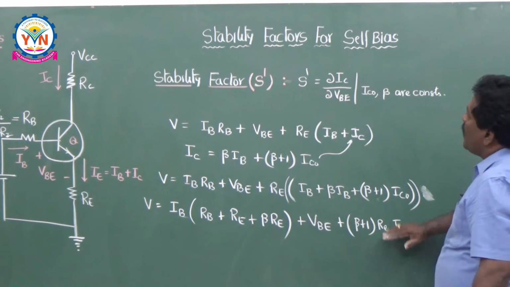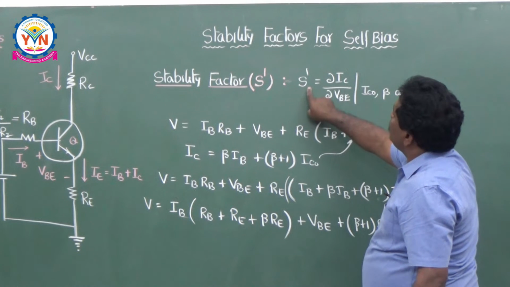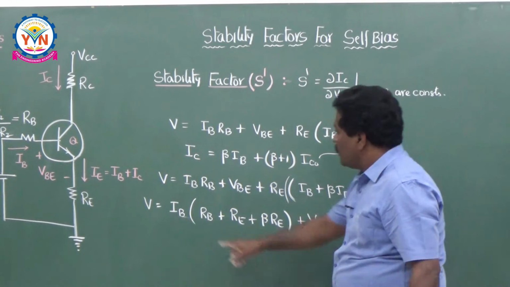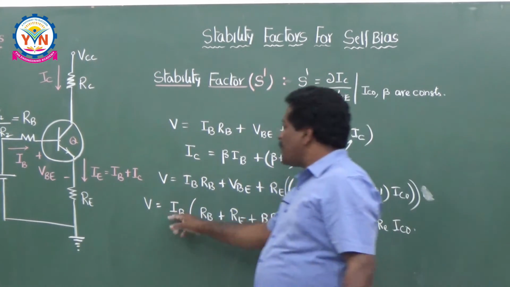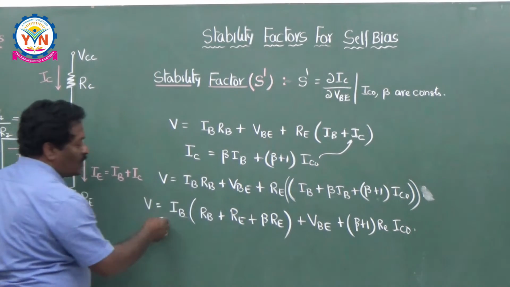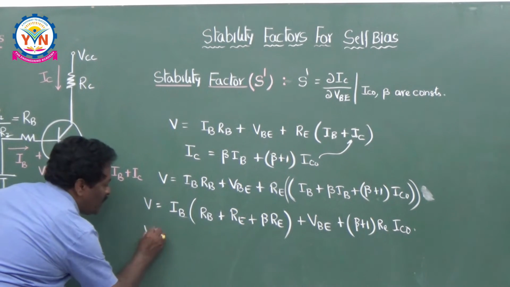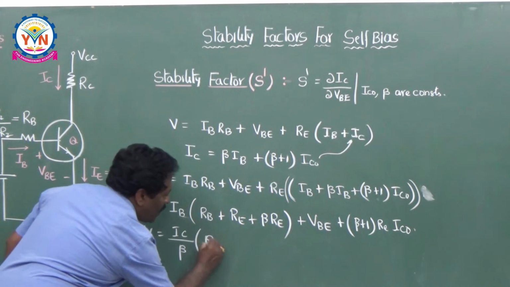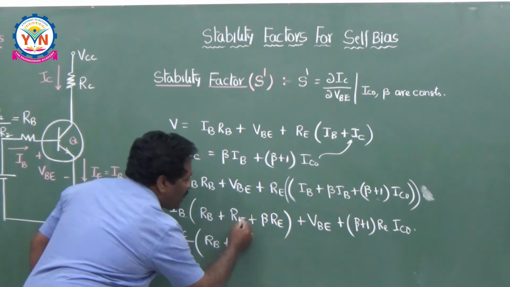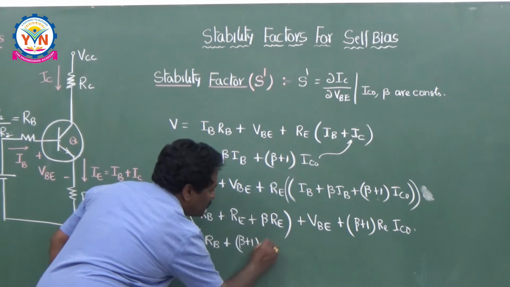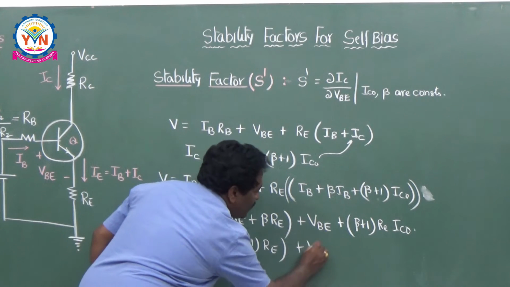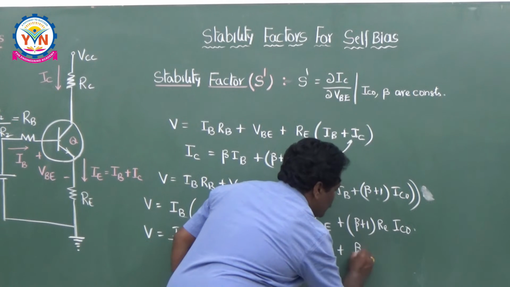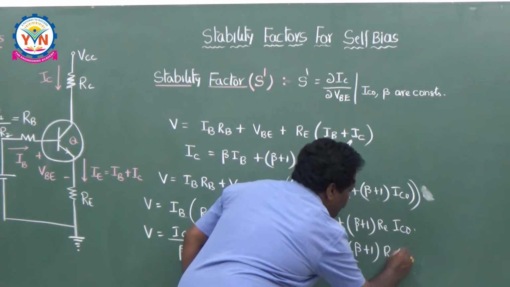Now I have to do the differentiation with respect to VBE. So I want the IC expression, but here you have only IB. So in the place of IB, I can write IC is equal to beta times IB. Therefore, V is equal to IC by beta into RB plus, taking RE as common, beta plus 1 into RE, plus VBE, plus beta plus 1 into RE into IC naught.